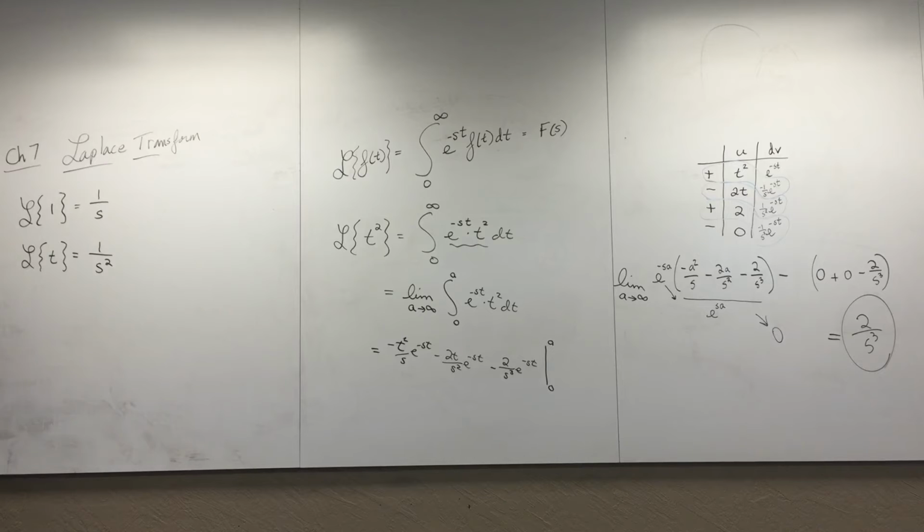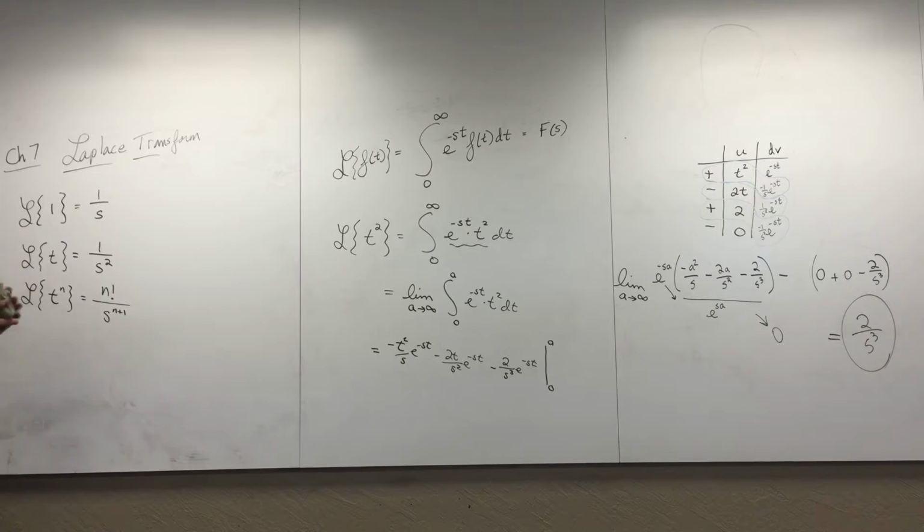We just did t squared, didn't we? Let me show you the rule for t to any power n. The rule for t to any power n is this: n factorial over s to the n plus 1. That's the Laplace transform of any t to the n.